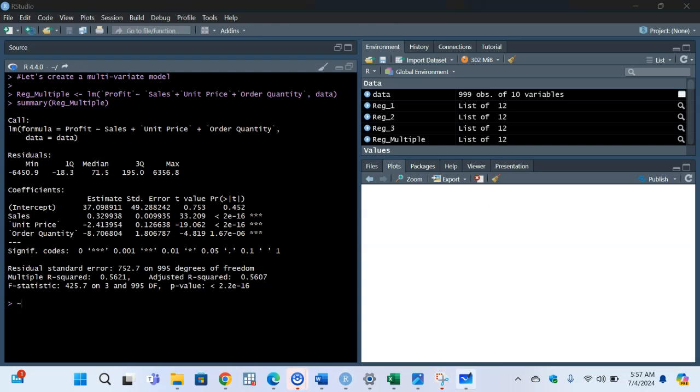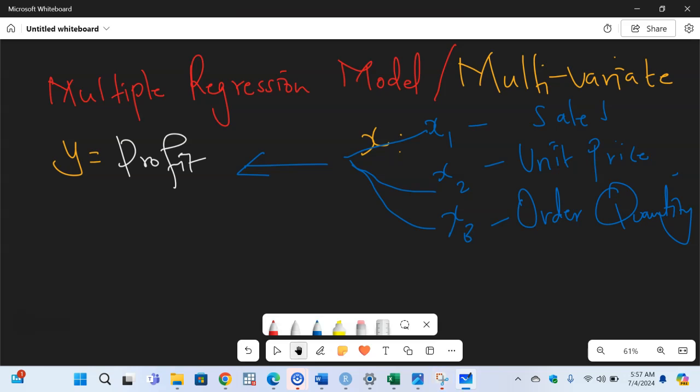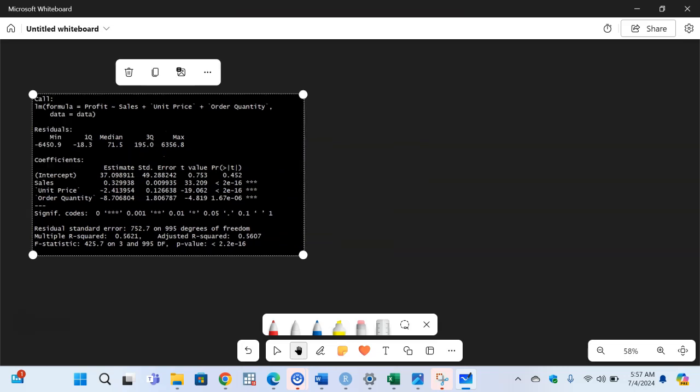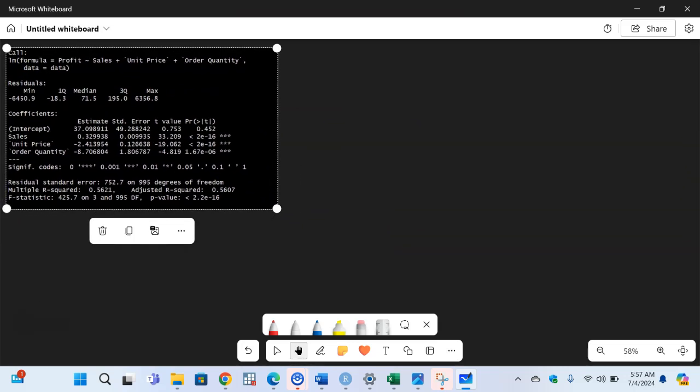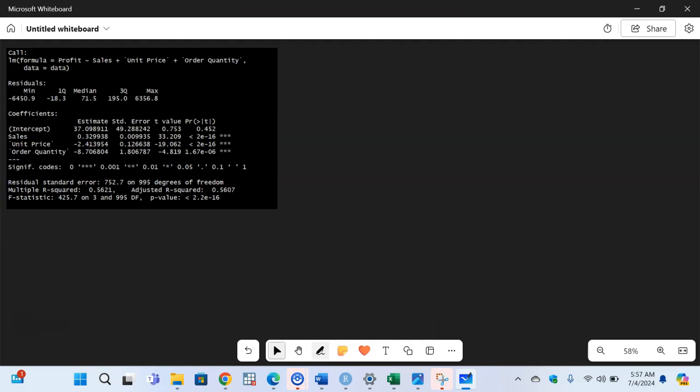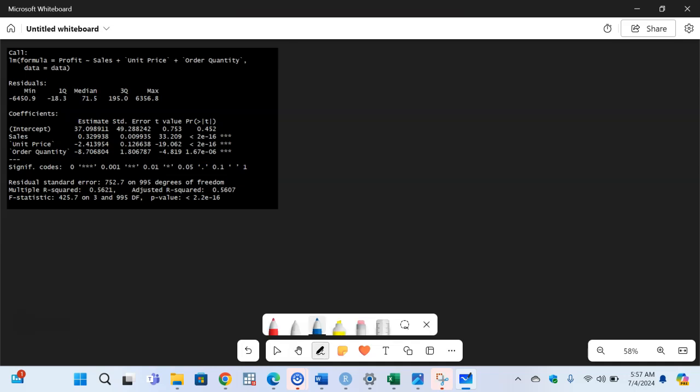Then come here. Now let's understand this. This is the multiple regression model. We have all the factors coexisting together. This time around we want to know, yes, you coexist together, but what is it that you do? So here we go. We have our model.